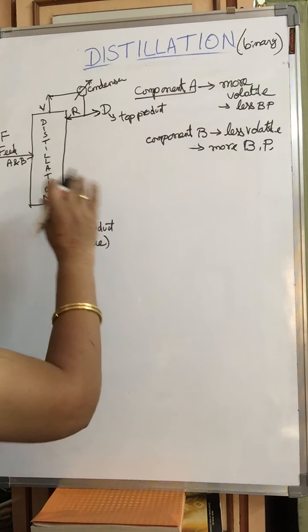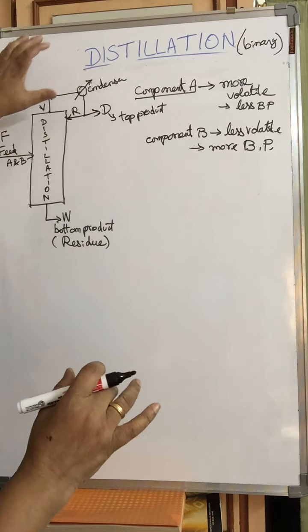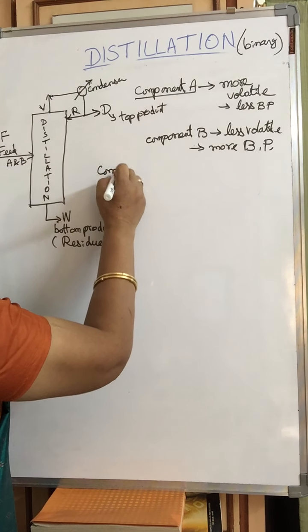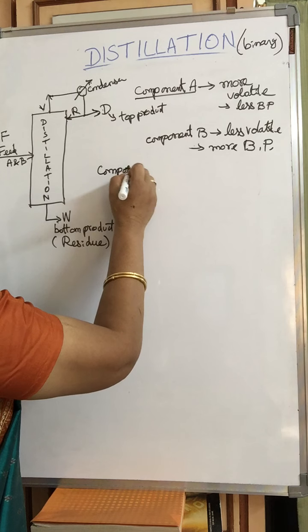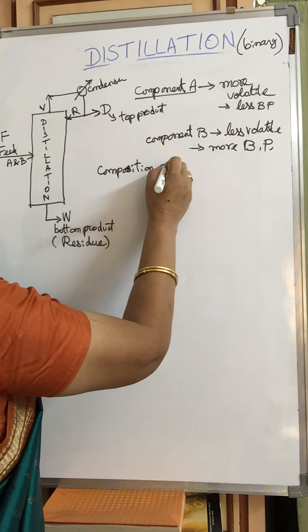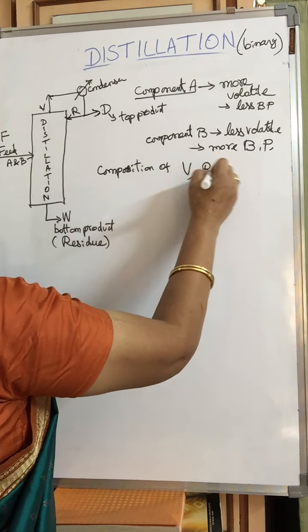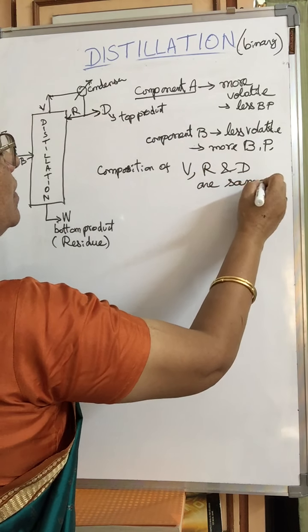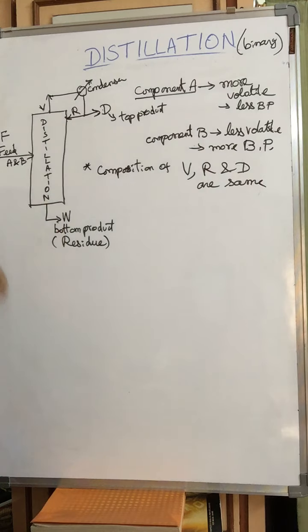The particular feature of the distillation column here is that the compositions of V, R and D are the same. This is one particular feature, because vapor is forming here.